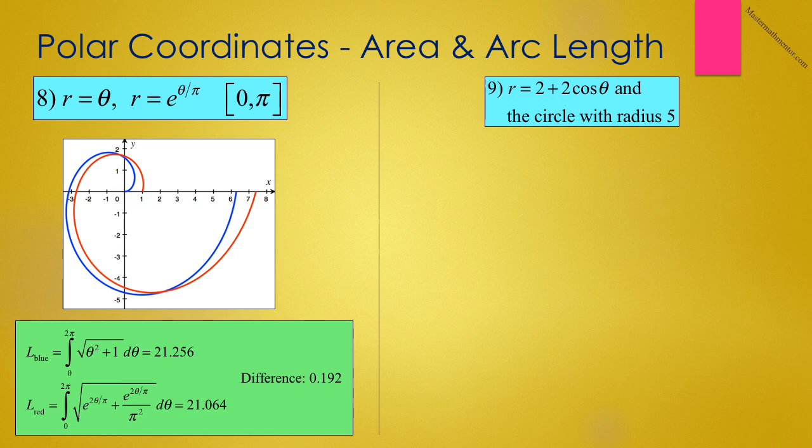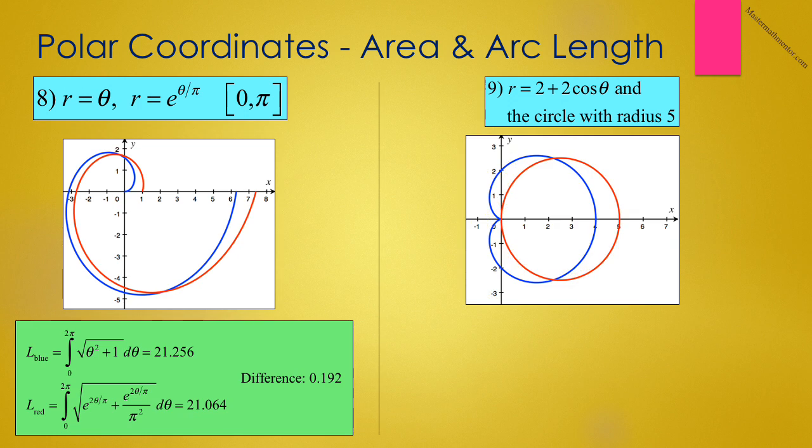The length of the red spiral is given by the integral from 0 to 2 pi of the square root of r squared, giving us e to the 2 theta over pi, plus (dr/d theta) squared, which is e to the 2 theta over pi divided by pi squared, d theta. And that turns out to be 21.064. So the difference is very small, 0.192, with the blue spiral being slightly longer.